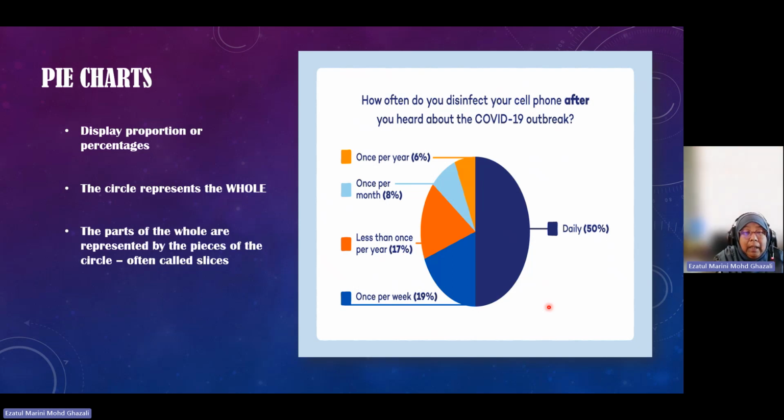All right. And less than 70% of the cell phone users disinfect their cell phone less than once per year. You might want to do that. Okay, when you are explaining, not necessarily you explain every category.